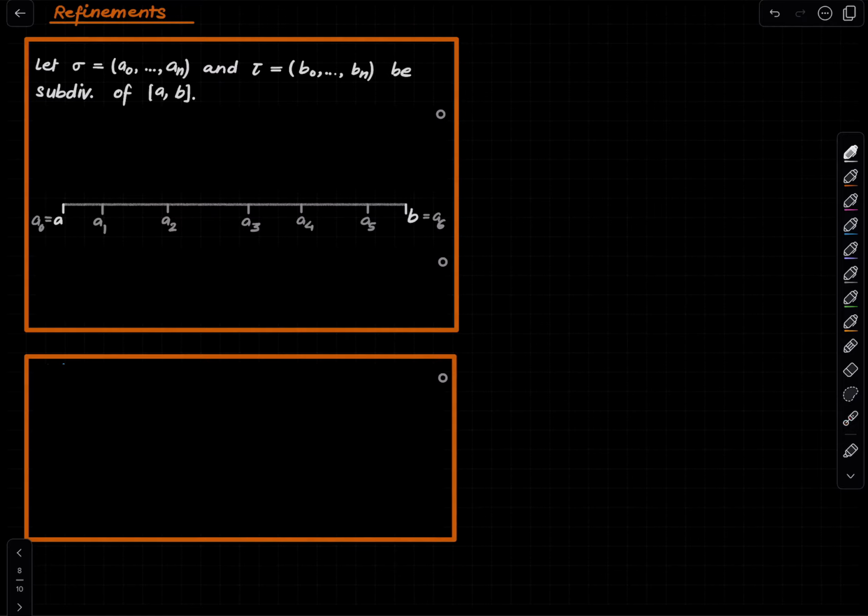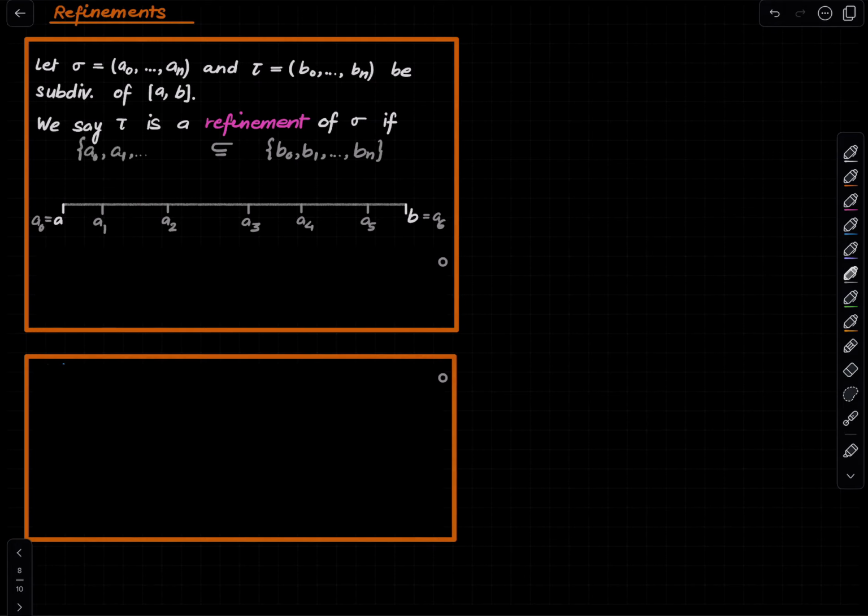We say that tau is a refinement of sigma if tau as a set contains, so these are the points in tau, b0 up to bn, the points that are there in sigma.